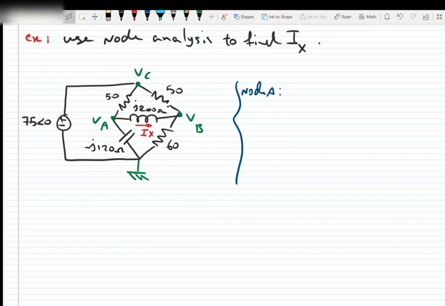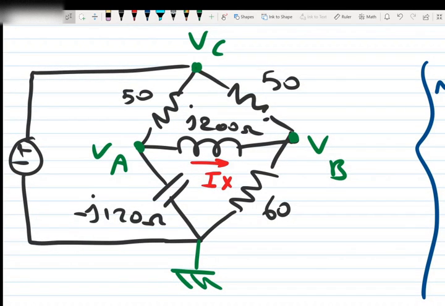So in order to show the currents leaving node VA, let's say we have three currents, I1, I2, and I3, for example. So we know that I1 plus I2 plus I3 is equal to 0.